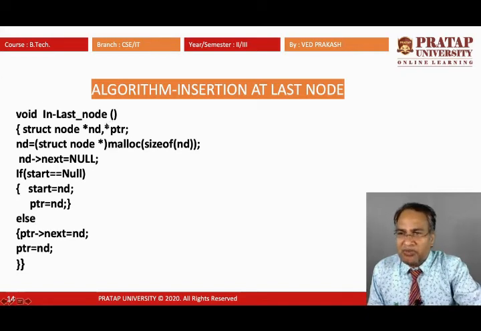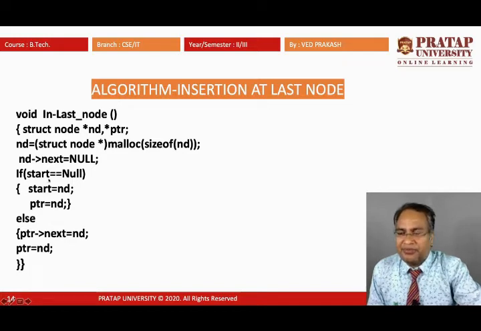In this process, we basically take two pointer variables, new node and PTR. First, we create the new node. After creating the new node, we always set the next pointer of the new node to null, and then we check the condition whether our linked list is empty or not. If start equals null, in this situation we set start equals new node and PTR equals new node.